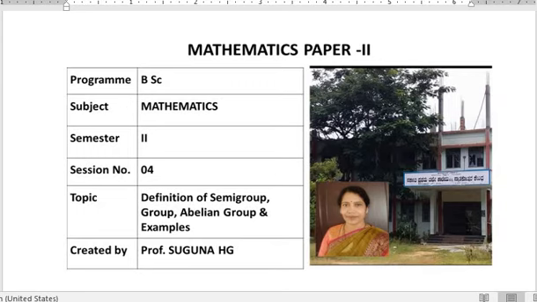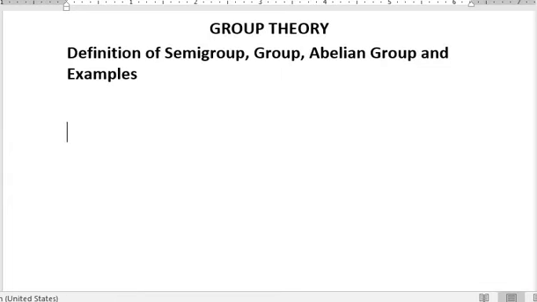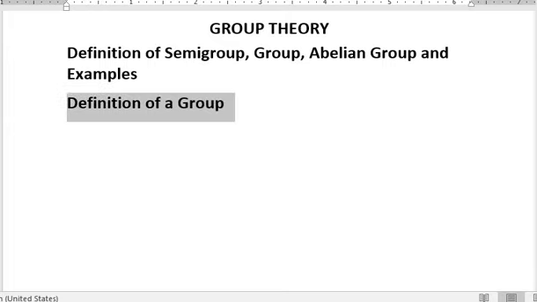In this video, I am presenting you the definition of semigroup, group, abelian group, and example. Definition of a group. A group is a simple algebraic structure with a single binary operation.